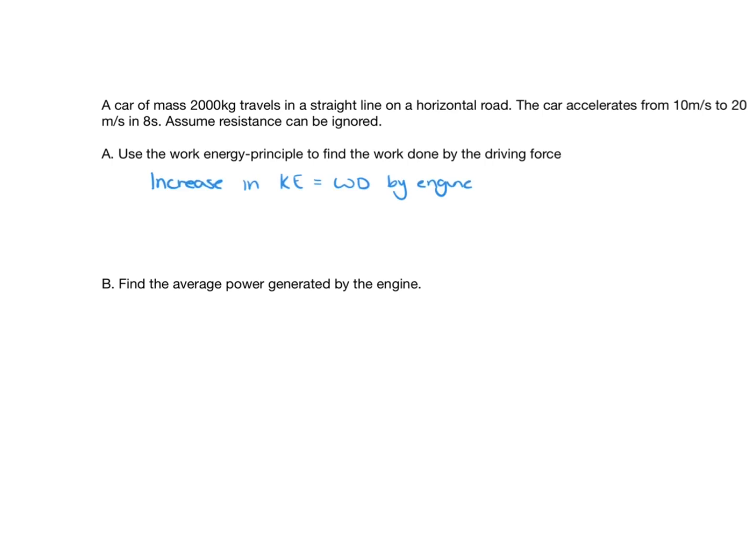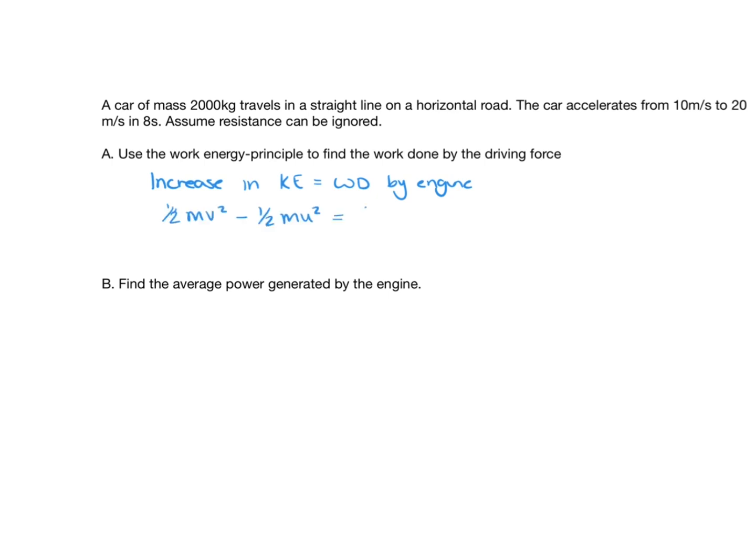Now we know that the increase in kinetic energy will be equal to the work done by the engine. So to work out our increase in kinetic energy, we're going to find ½mv² − ½mu², where v is the final velocity and u is the initial velocity.